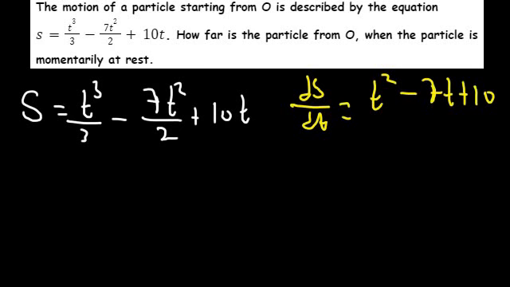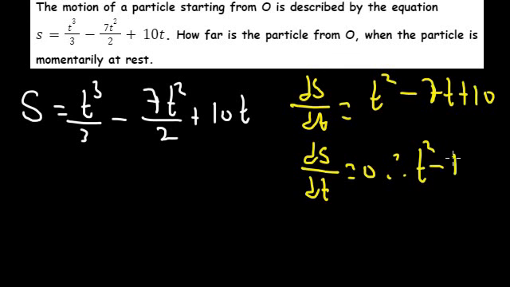So the goal at this point is to set the ds/dt to be equal to 0. So when the particle is momentarily at rest, according to this statement, then the ds/dt will be equal to 0. And therefore, t squared minus 7t plus 10 equals 0. Okay.